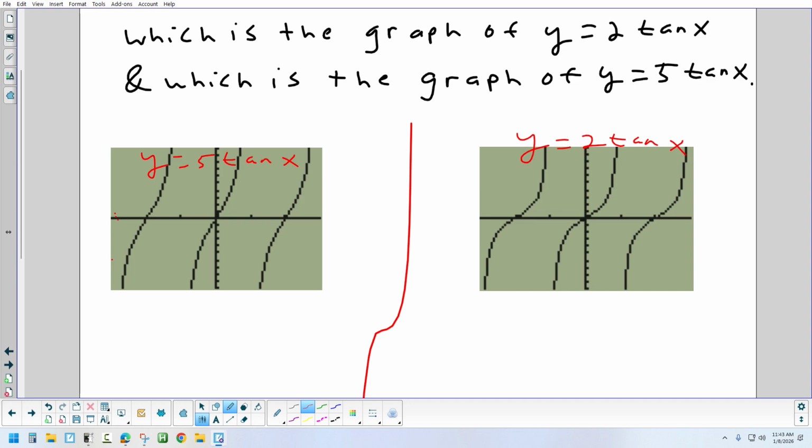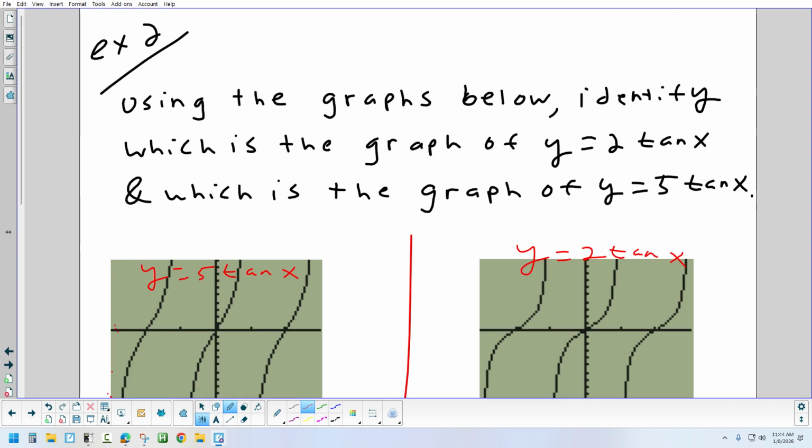Any question why the left one is the 5? It's more stretched, so it looks straighter. And if I started to compress it, then the curve would start to get more pronounced. Might look more like this, because now it's been squished.